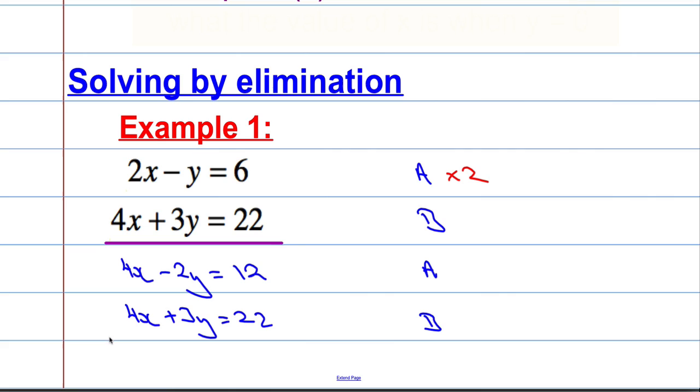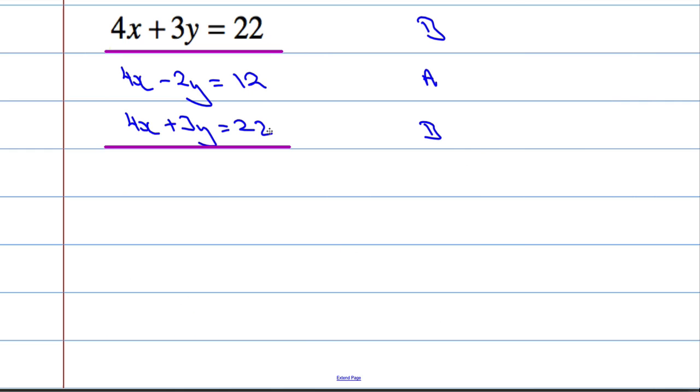And now we can eliminate one of the variables. So I'm going to draw the line underneath again. And what I'm going to do now is equation B take away equation A. So 4x take away 4x is 0, so they cancel out, which is exactly what we wanted to happen.